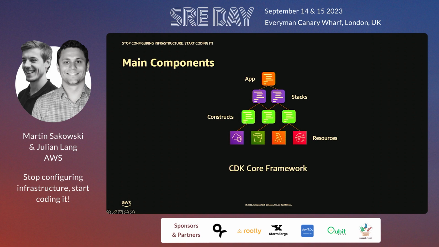And in a stack, also in CloudFormation, you have some resources, right? So if you have AWS services that are configured, your resources, S3 buckets, VPCs, Lambda functions, those are resources. And the additional layer that you get here with CDK, and that we're going to talk about in more detail later, are constructs. This is basically a logical grouping that gets introduced with CDK that allows you to group your resources in one additional layer.